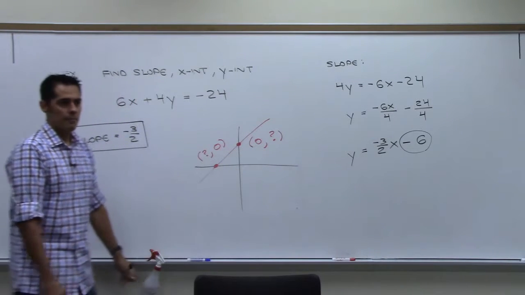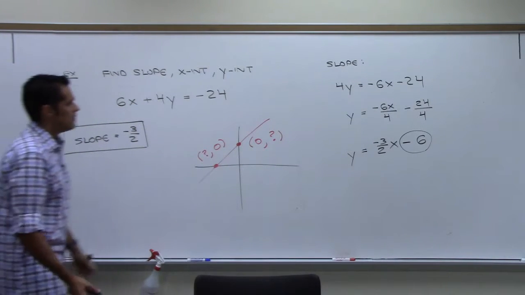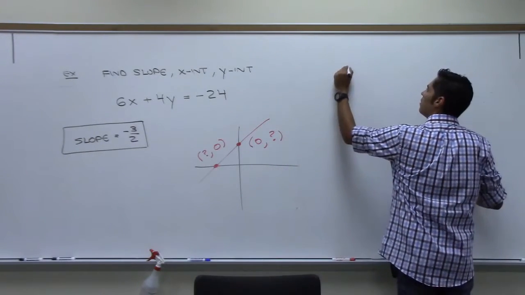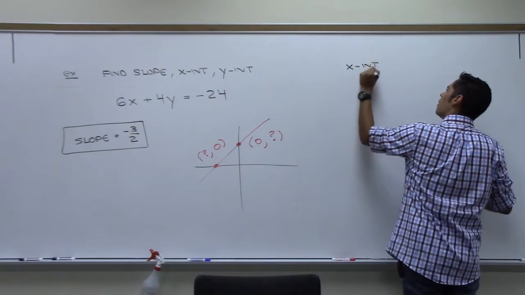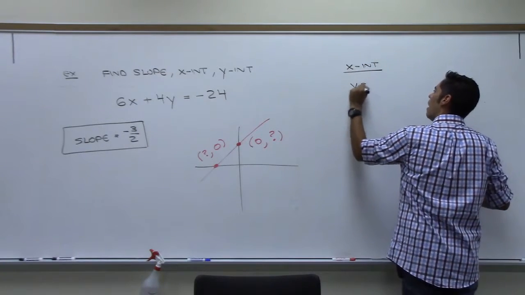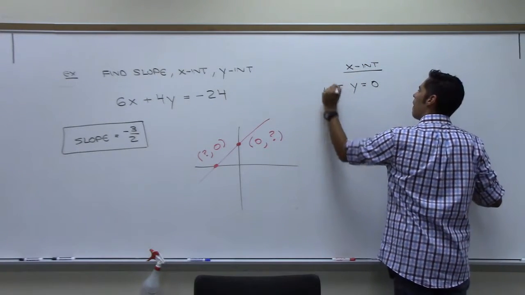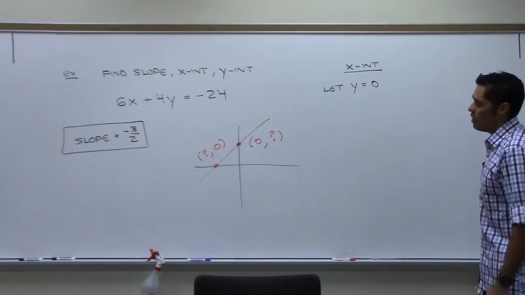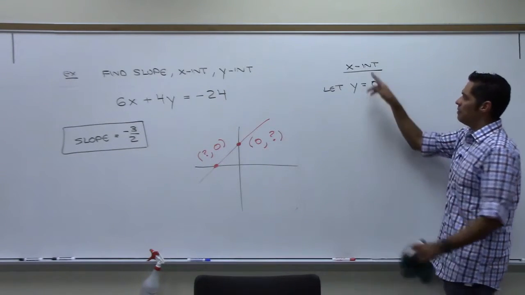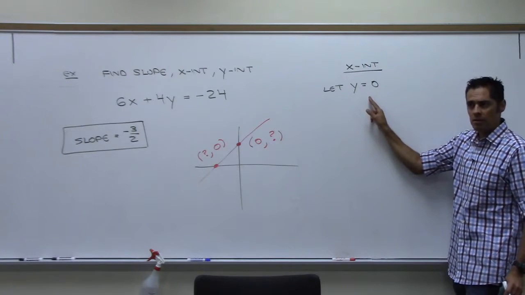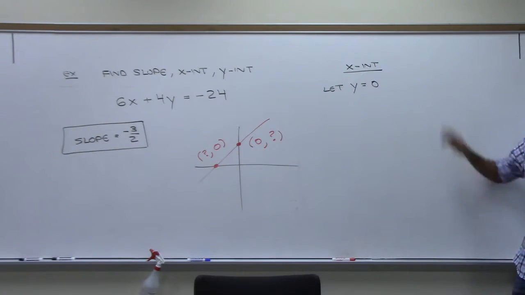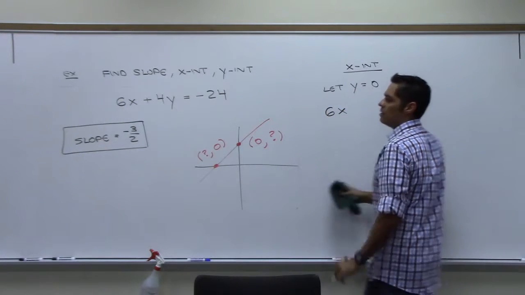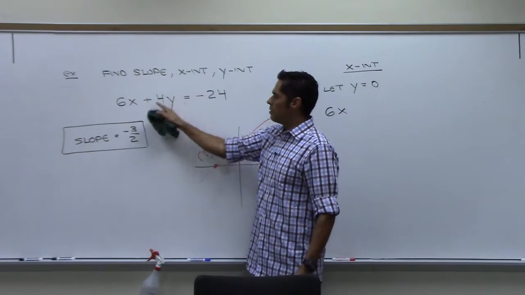All right? So let me go after the x-intercept first. To do this, I let y be 0. And I'm going to go back to the original equation. See, it's the opposite. If you want to find the x-intercept, you let y be 0. If you want to find the y-intercept, you let x be 0. So if I let y be 0, I write the equation 6x plus 4 times 0 gives me 0, right?